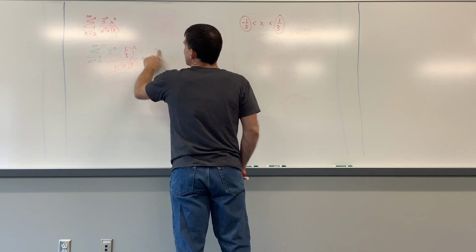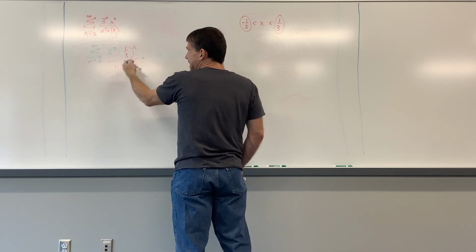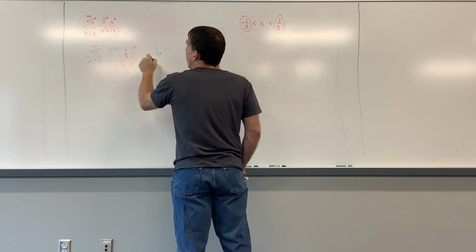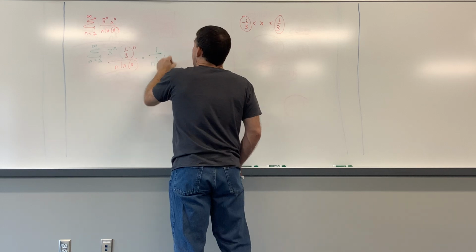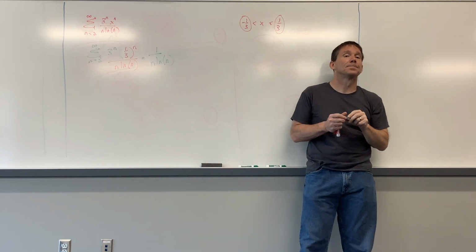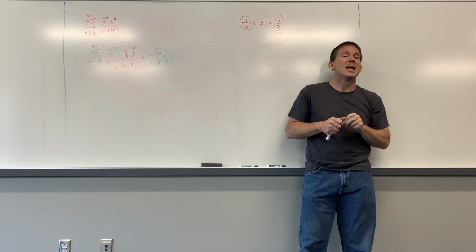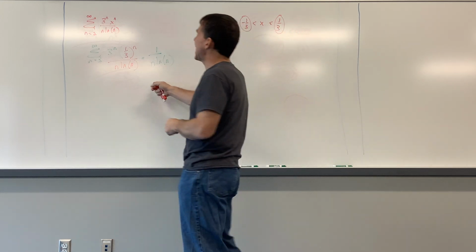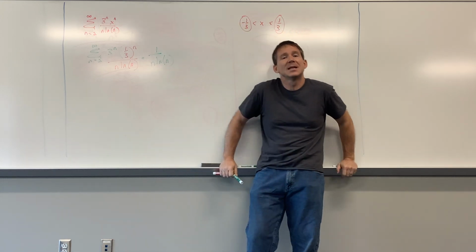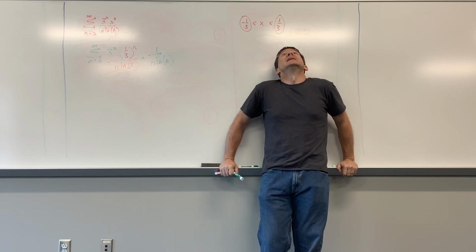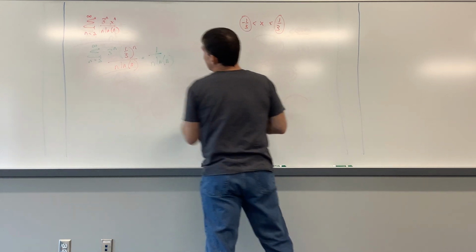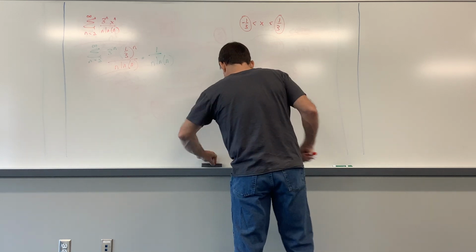So that's 3 over 3, which is just 1. So that's 1 to the n, which is 1 over n ln n. And then you would check if that actually converges or diverges.